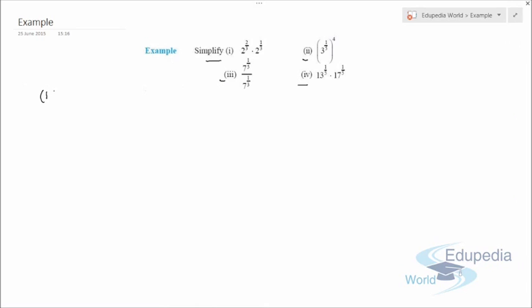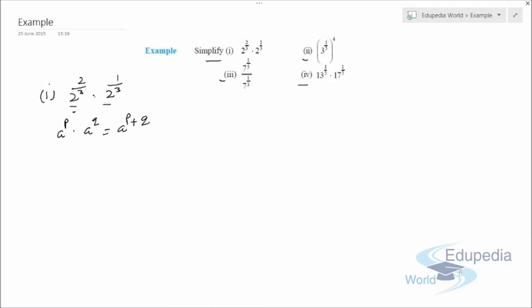The first question is 2 raised to power 2 by 3 into 2 raised to power 1 by 3. Clearly in this question we have the same base, 2, so we can apply the law a raised to power p into a raised to power q equals a raised to power p plus q. Why?